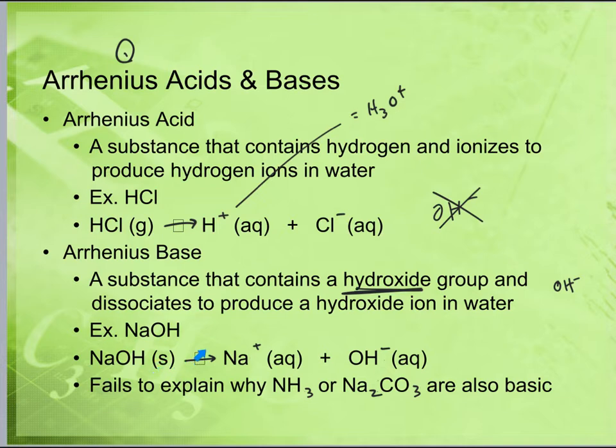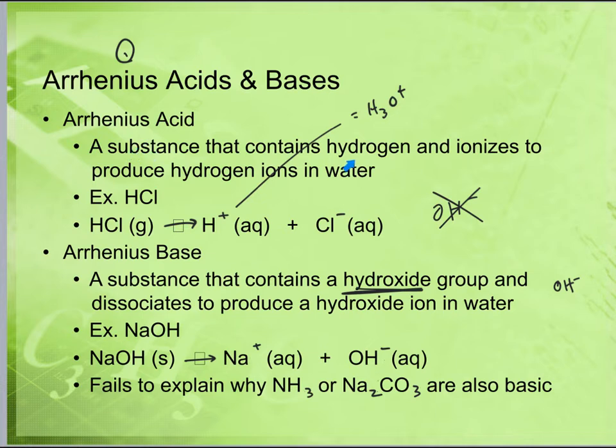It's got to be soluble. It's got to be able to come apart into whatever this ion is here. Sodium ion doesn't really matter. The important part here is that it dissociates into also hydroxide ions. Okay, so that OH-, the -1 charge, is going to increase the hydroxide concentration, which is going to make something basic.